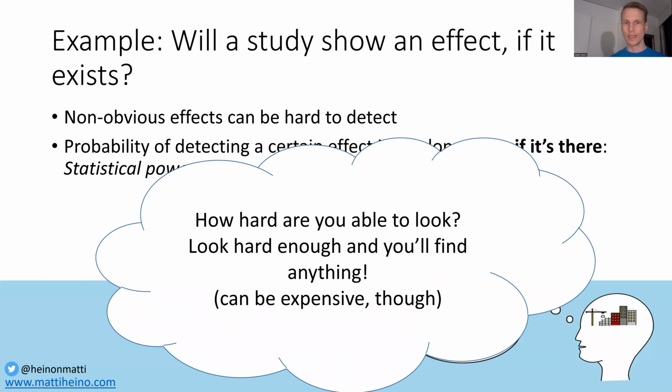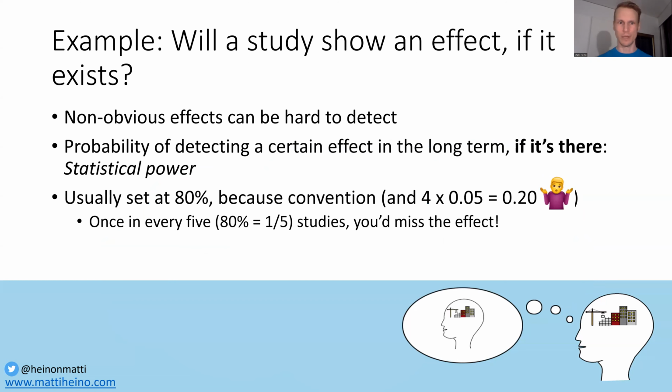If you collect enough people and you look hard enough, you'll always find something. And it's sometimes easy to say that something doesn't exist if you are not really even looking. So you need to know how hard people tried to look for an effect.